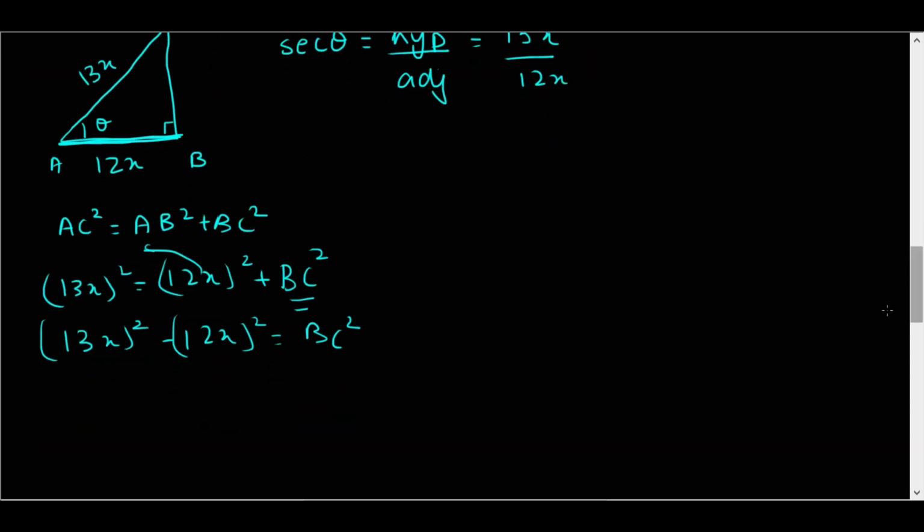Using A square minus B square, we know A square minus B square is given as A plus B into A minus B. If you observe here, this is A square minus B square, where A is 13x and B is 12x.